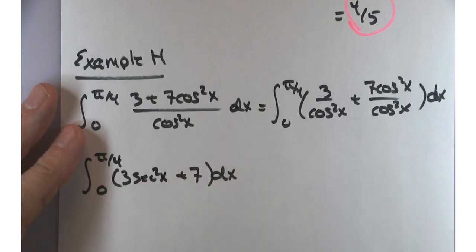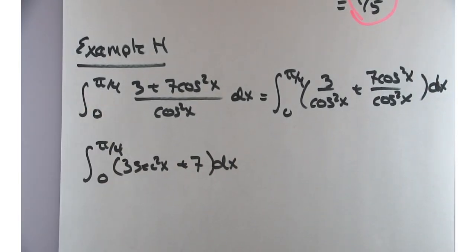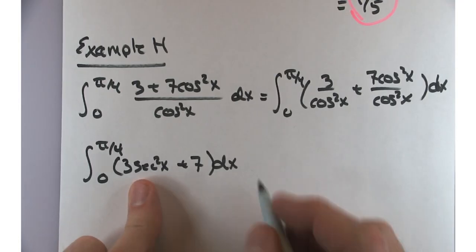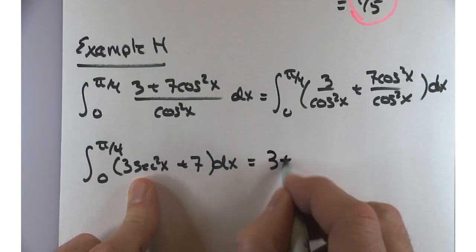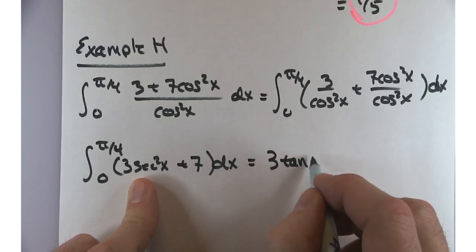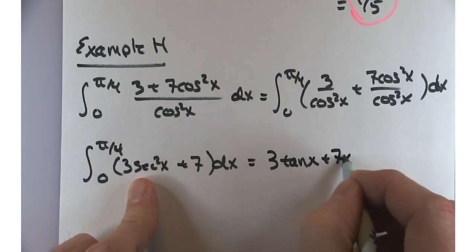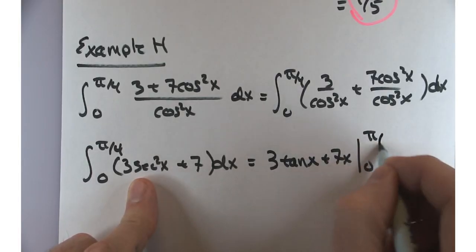Nice. That helps out a little bit. Who remembers the antiderivative of secant squared? Just tangent. So 3 tangent of x plus 7x between 0 and pi over 4.